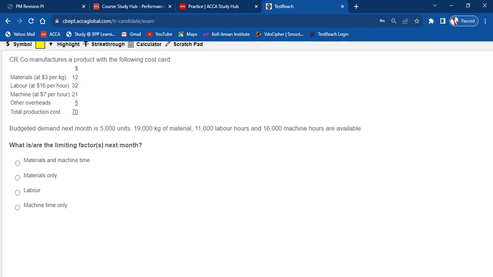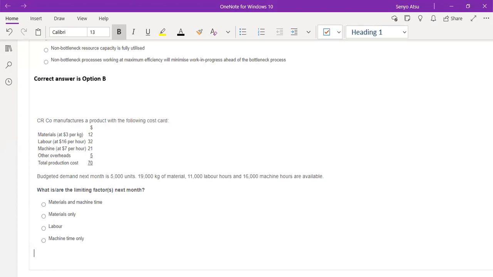Look at the options: material, machine, labor. So you've got to test all of them. Compare what is required with what is available.